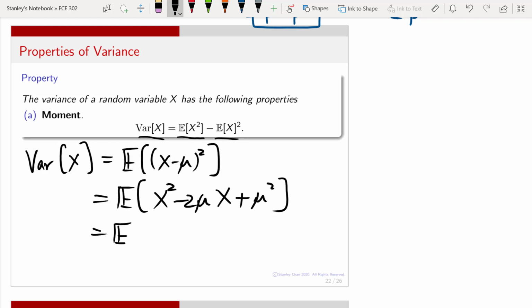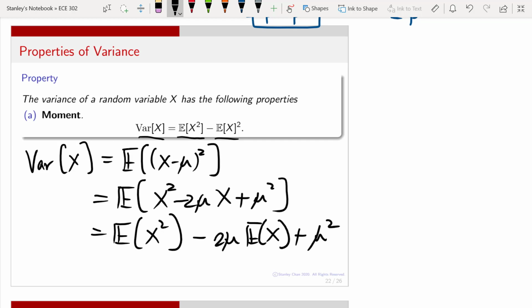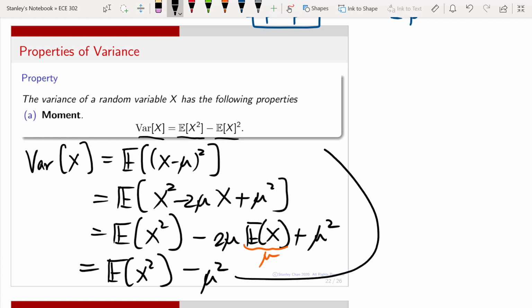Now you will have the expectation of x squared minus 2 mu times the expectation of x plus mu squared. This first term gives you the second moment. Here you can see that the expectation of x is also mu, so you have 2 mu squared with a minus sign, but that is partly cancelled by the last term, so you have minus mu squared. So this is exactly the same as this equation.